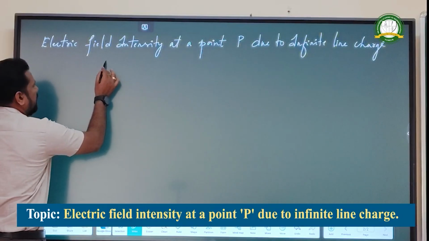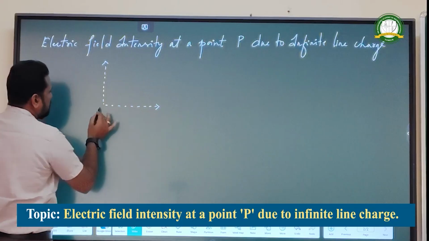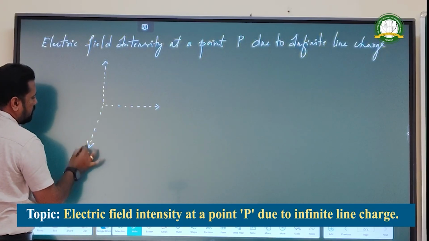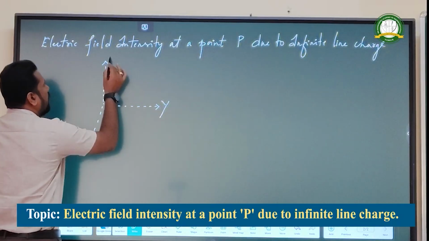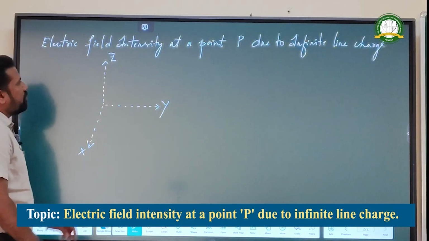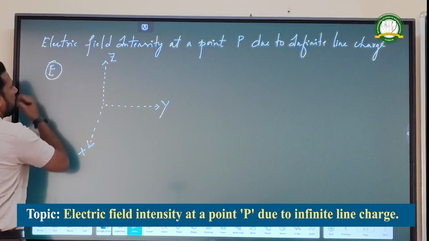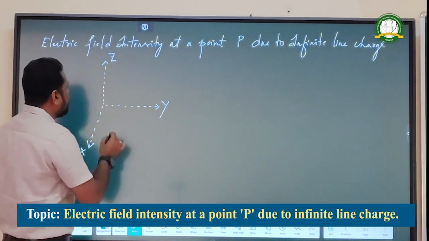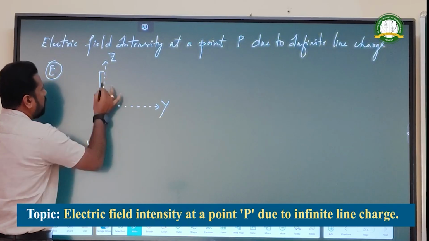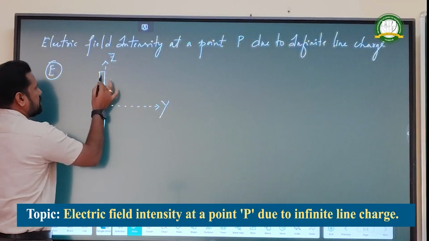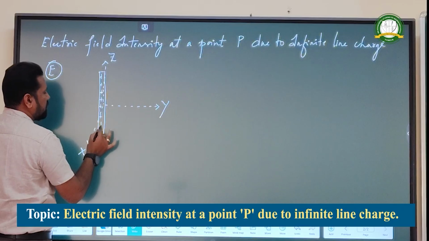So, let us consider a rectangular coordinate system which consists of x-axis, y-axis and z-axis. To find the electric field E at a point P due to infinite line charge, let us assume an infinite line charge which is placed along z-axis, where the charges are uniformly distributed.